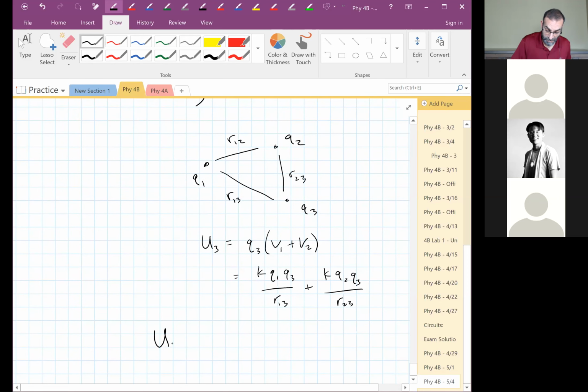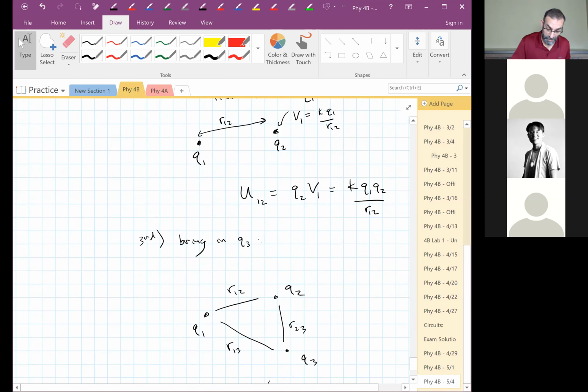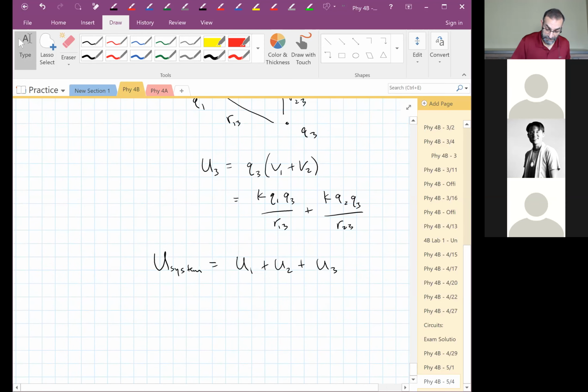and so for the system of all three charges, I'm going to call this U2, not U12, sorry. You get these interactions that occur. You have to sum up every possible interaction. But that's it.